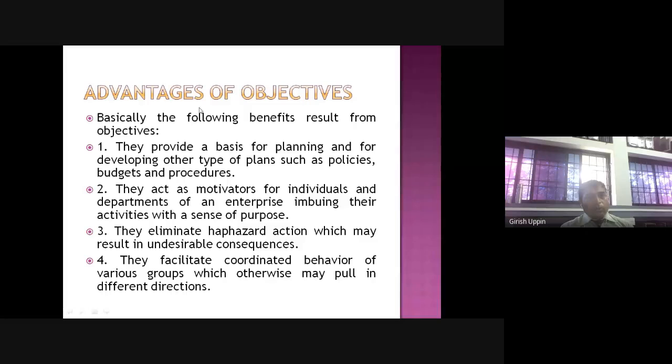Advantages of objectives. What is the advantage of having objectives? Basically, the following benefits result from objectives. So we are talking about objectives here. When you are doing certain work, you should always put down the objectives. You should write the objective, why you are doing that. Suppose I asked you to learn about the aptitude test and go through C programming, and you should set the objectives.